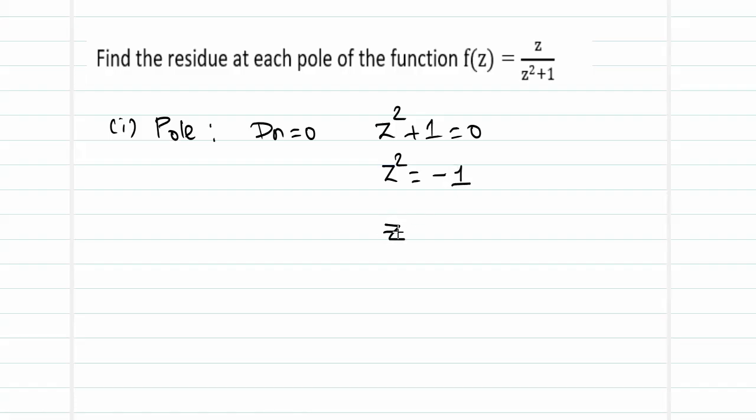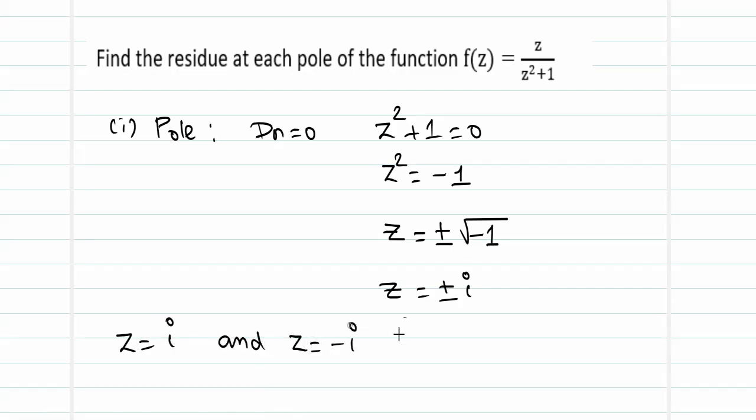So what will be z? z will be equal to plus or minus square root of minus 1. So this becomes z is equal to plus or minus, what do we know about square root of minus 1? It is going to be equal to i. So what are going to be my poles? z is equal to i and z is equal to minus i are going to be the poles of my function f of z.